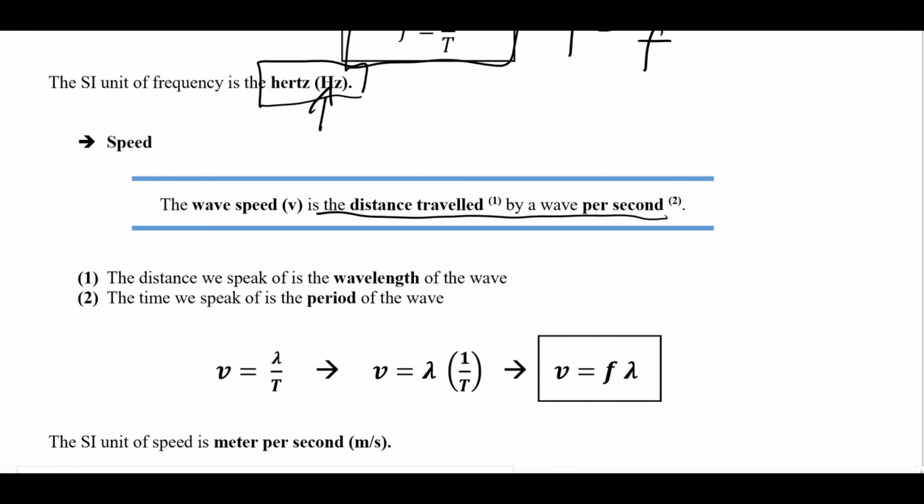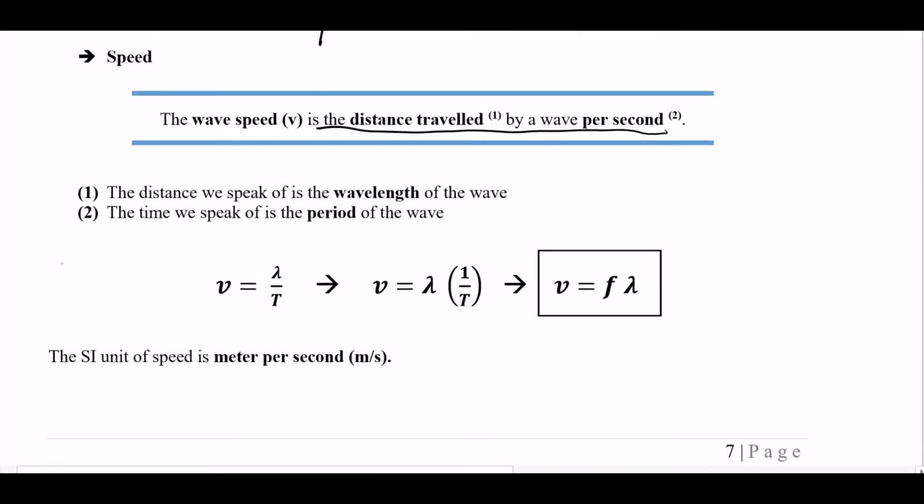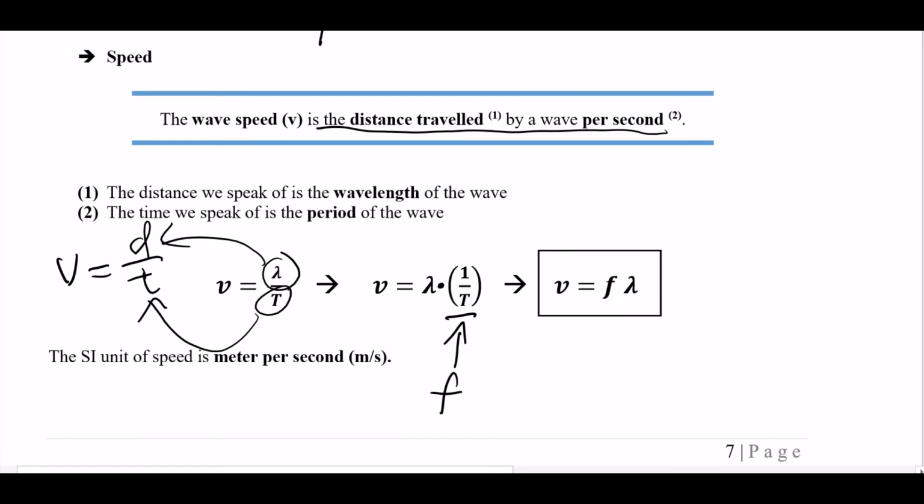Now, just now I was saying speed equals distance over time. Now I'm going to replace distance with lambda, and replace time with period. I'm going to get v equals lambda over T, right? But lambda over T is the same as lambda times 1 over T. And 1 over T is simply the frequency.